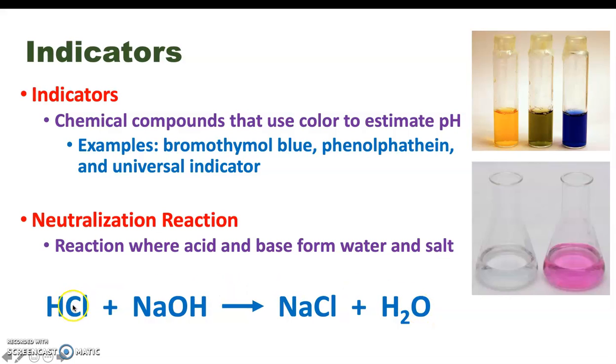So this is a double replacement reaction. The H and the Na switch spots, so you end up with HOH, which is where you get your water, and then you end up with NaCl. So that's a general acid-base reaction. It always makes water and a salt.